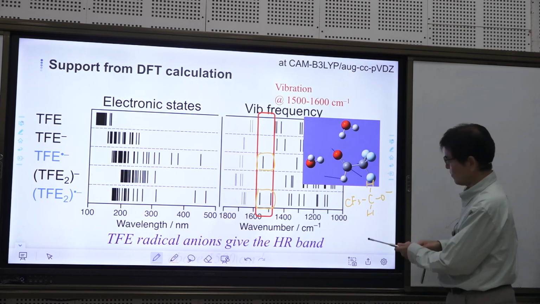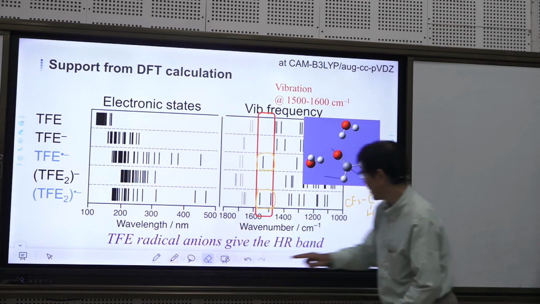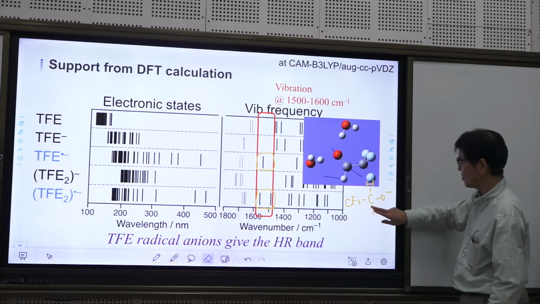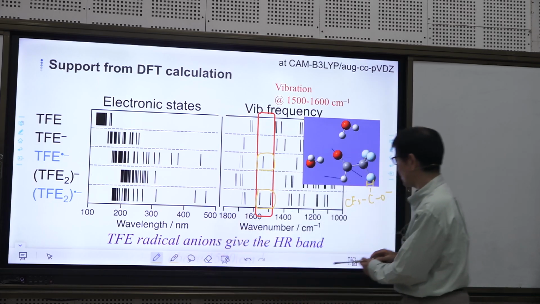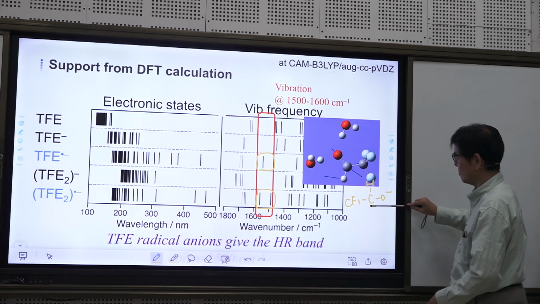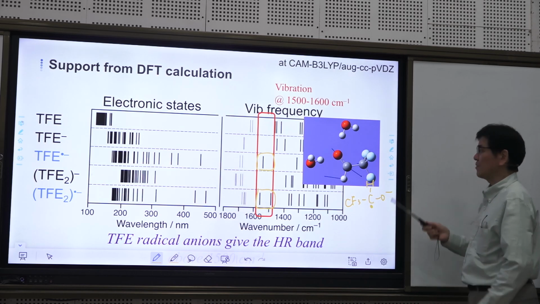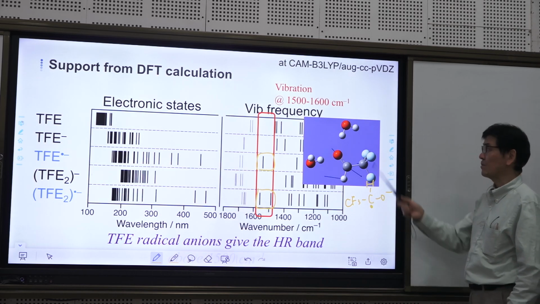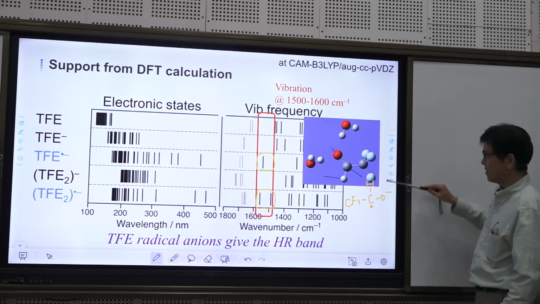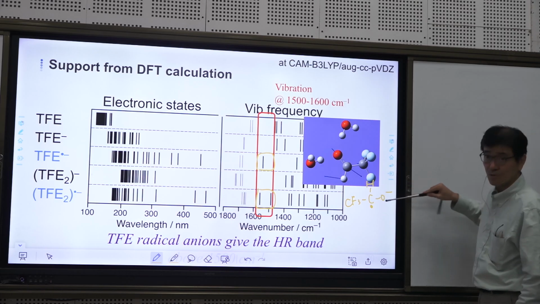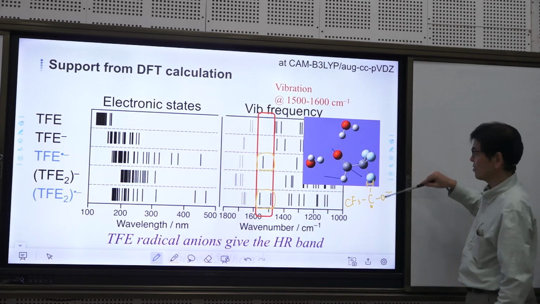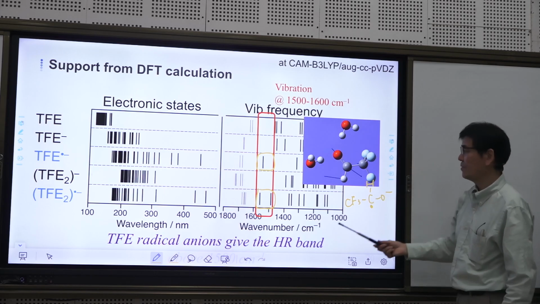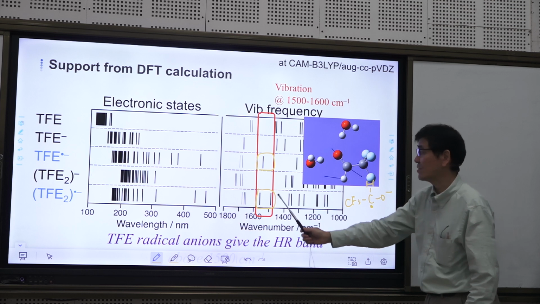And H is removed by the radical reaction. So radical anion of trifluoroethanol has a CHO group. And the CO stretching of this group gives a peak above 1500.